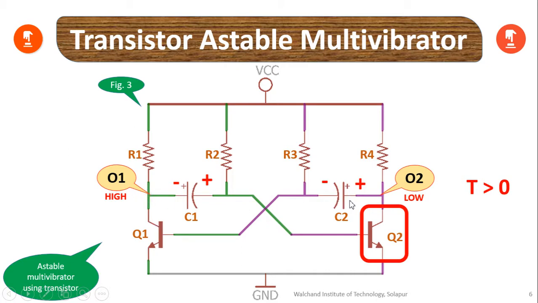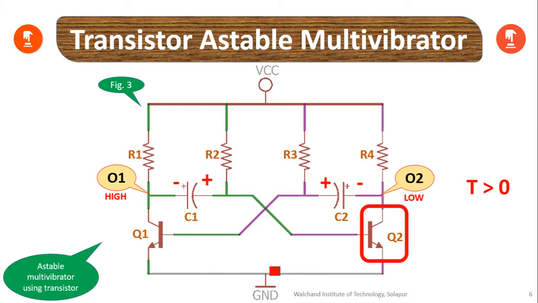And the similar conditions that were prevailing across the initial section of the transistor Q1 have appeared across this second section now. This causes capacitor C1 to charge again in the previously described manner. In the meanwhile, the current flowing through R3 is also going to charge capacitor C2 with reversed polarities as shown in the animation.